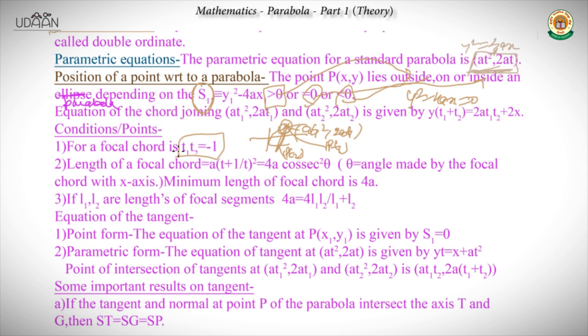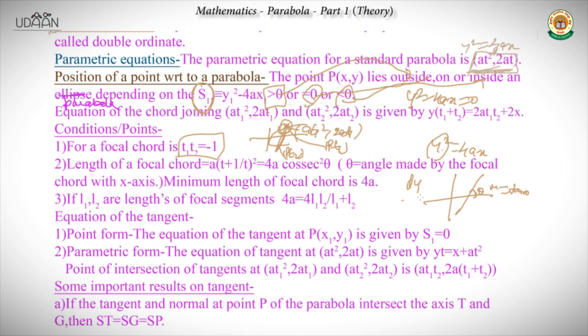Next, if we calculate the length of the focal chord, we'll get it to be a into (t plus 1 by t) whole square. And if we take a line at angle theta, where m equals tan theta, and y square equals 4ax is our parabola, the slope of the tangent is given by dy by dx.